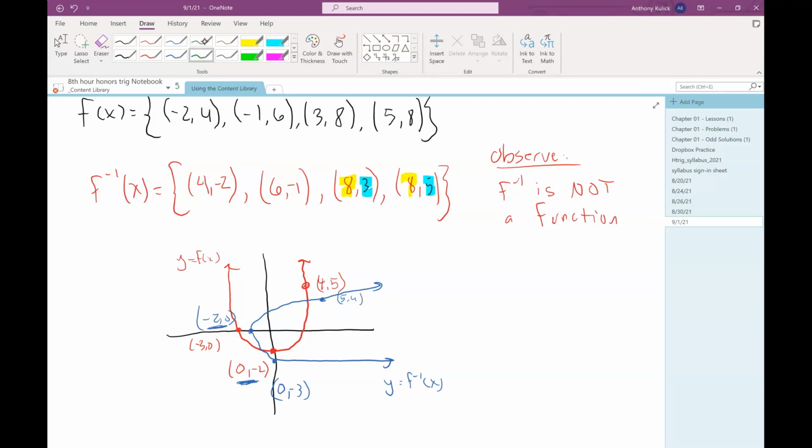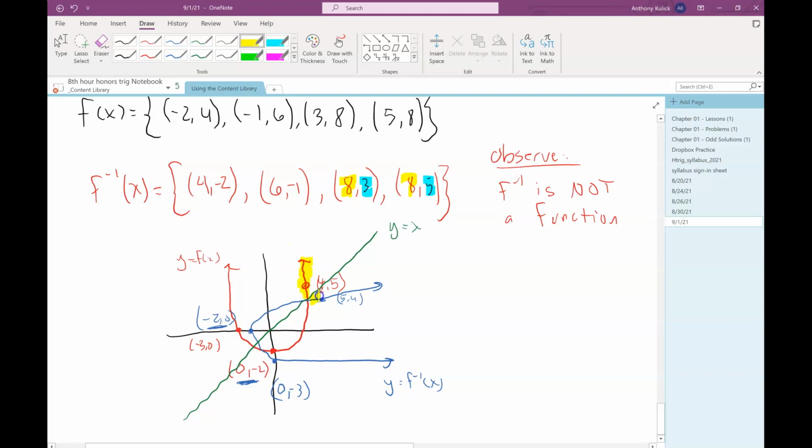Now, the alternative way of finding an inverse from a graph is if I take the line y equals x, and reflect my function across that line.